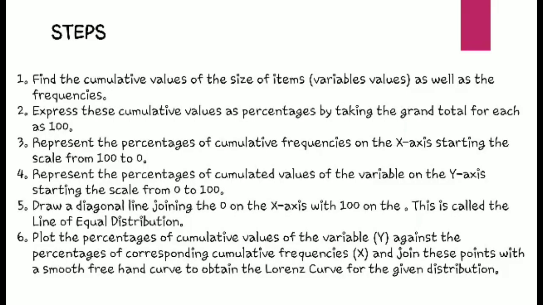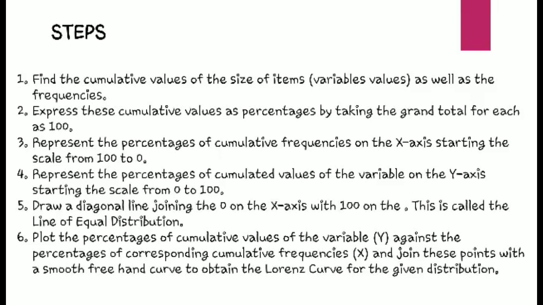So these are the steps in constructing the Lorenz curve. First is to find the cumulative values of the size of items or variable values as well as the frequencies. Second, express these cumulative values as percentages by taking the grand total for each as 100.